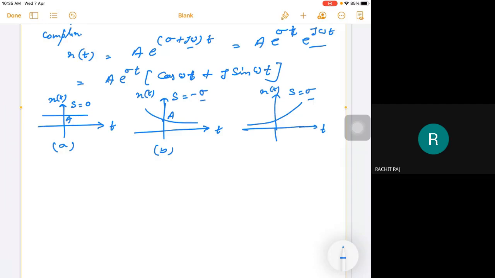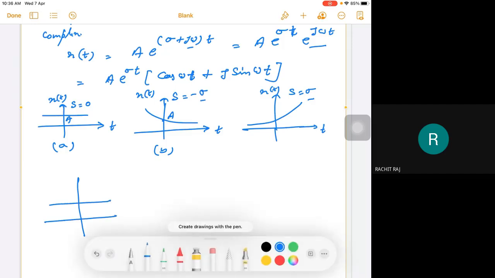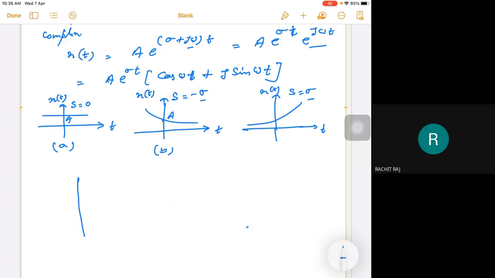So if sigma is 0, only the imaginary part is available. In this case, obviously you will get x(t) when s equals plus minus j omega.